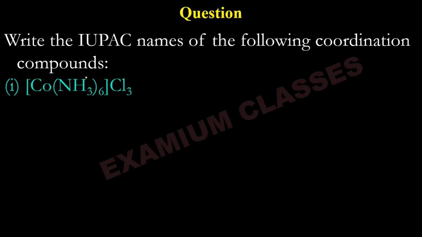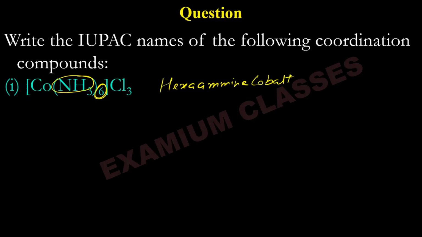Now, first we will name the coordination entity, which is the cationic part. The cationic part will always be named first. So we will say here it is hexaammine, NH3 is written as ammine, and then we have cobalt.